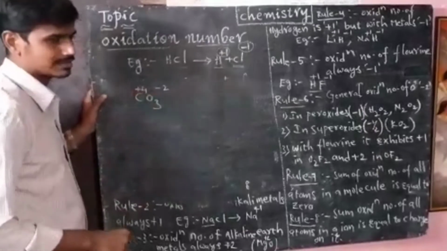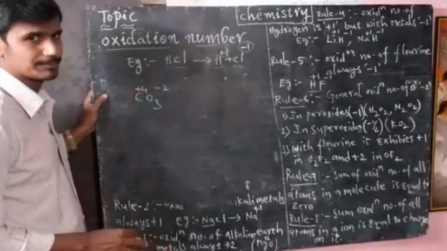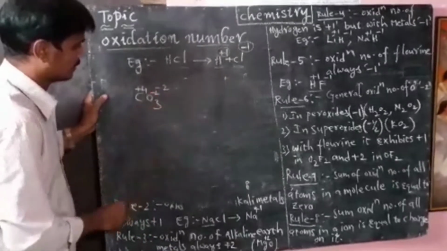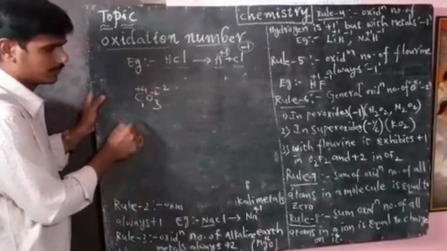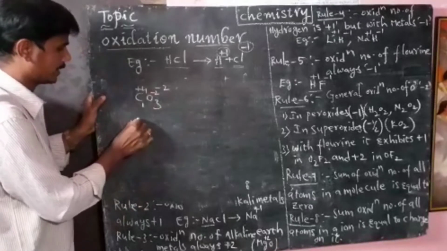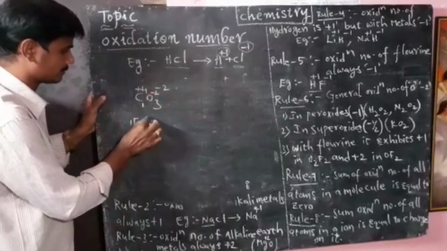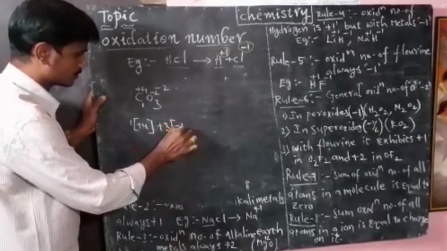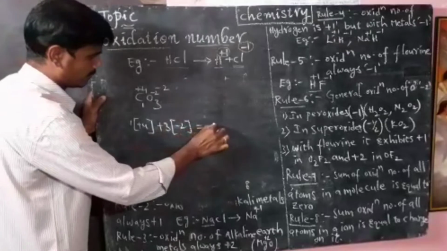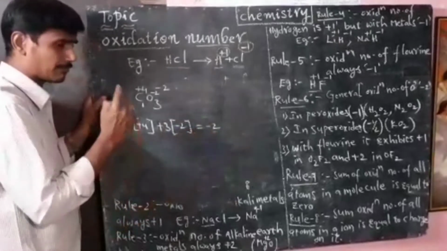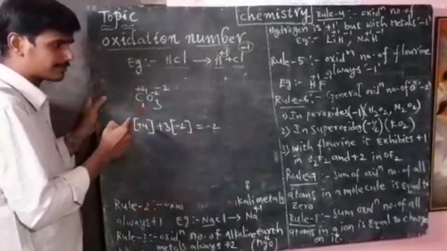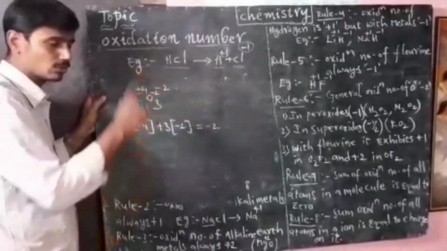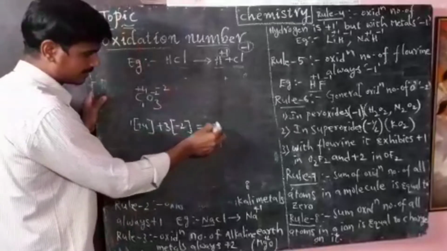Generally, what we discussed, the oxidation number of oxygen is -2. So we can write the subscript numbers: 1 into +4 plus 3 into -2 is equal to -2. The sum of oxidation numbers of all atoms in an ion is equal to the charge on it.